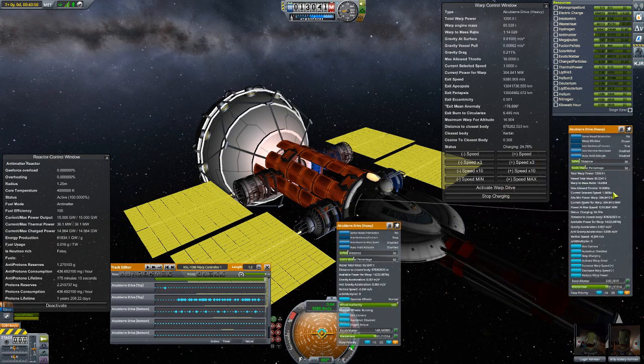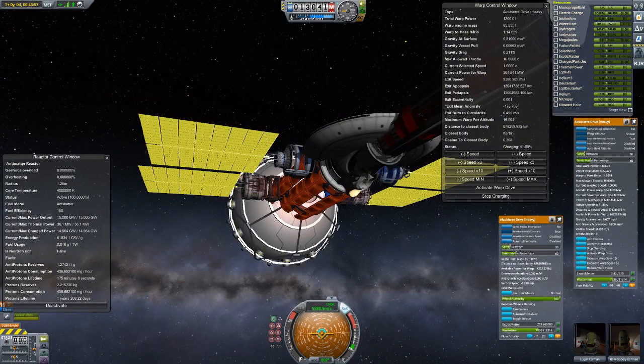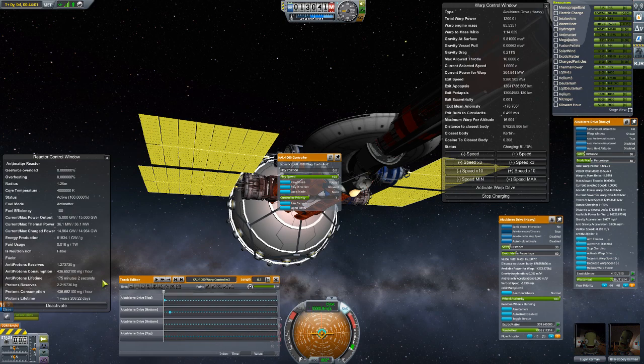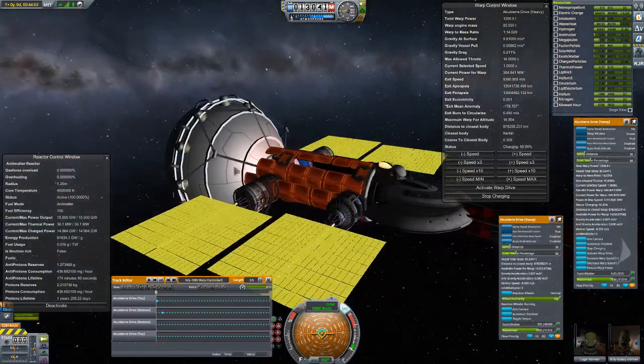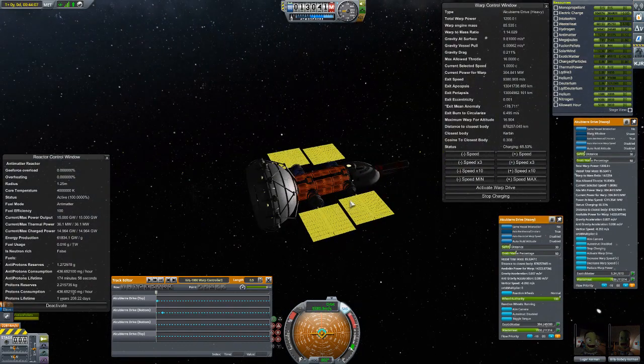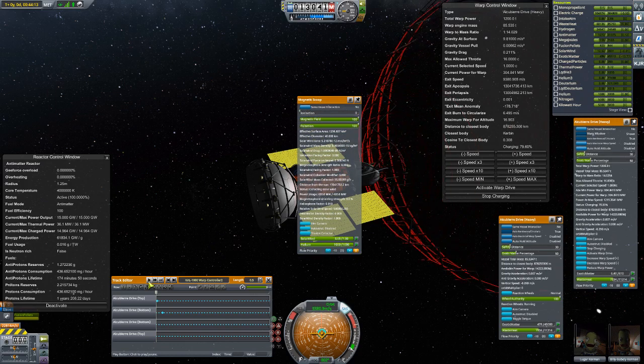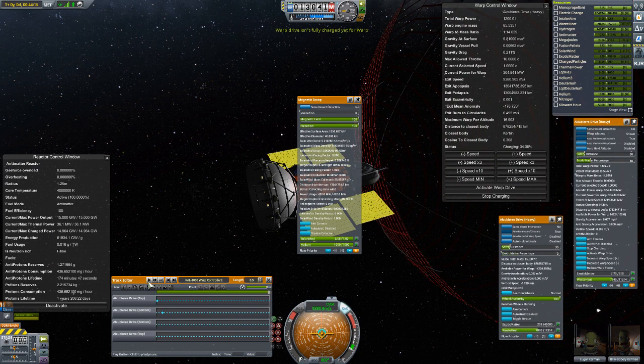Let's rearrange these. That there. That there. Close that one. Open that one. Alrighty. So, let's see if we can get away with opening this. Activate collector, and then fire the drive. Negative.